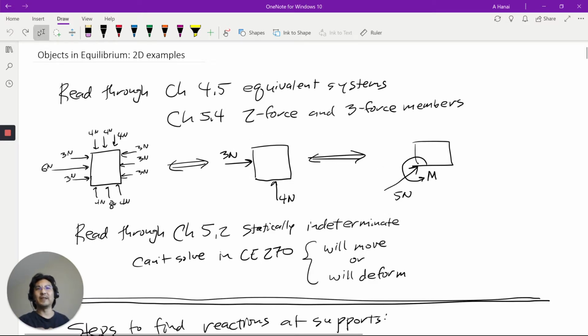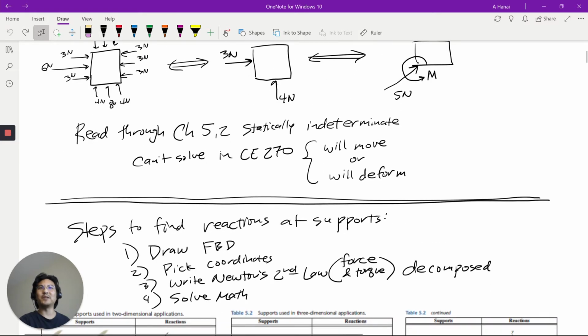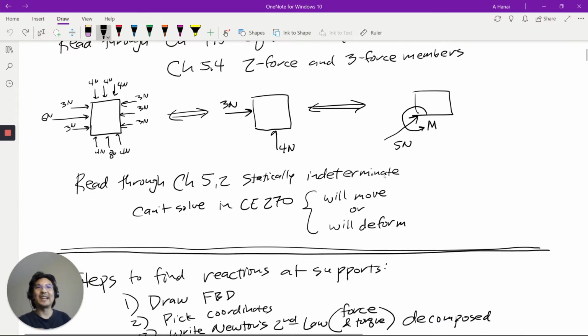And then I'll let you read through chapter 5.2 on statically indeterminate systems. That's basically a disclaimer saying you can't solve all the problems based on the material from this course. For example, if a system moves, then it's statically indeterminate because it's dynamics, so we'll talk about that next semester.